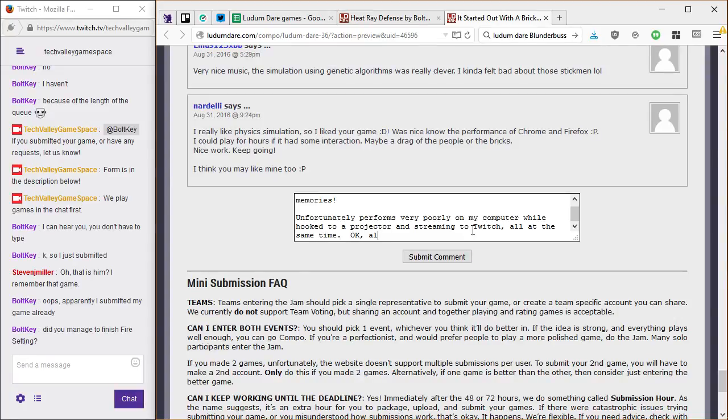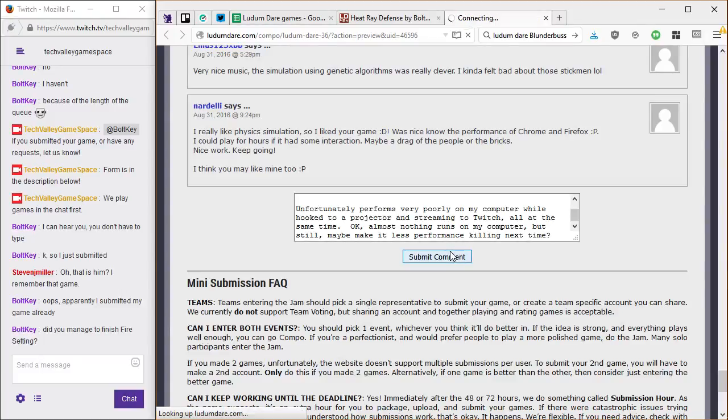Okay, almost nothing runs. Maybe make it less performance killing next time. Do you think alcohol would be pretty intensive? Mm.